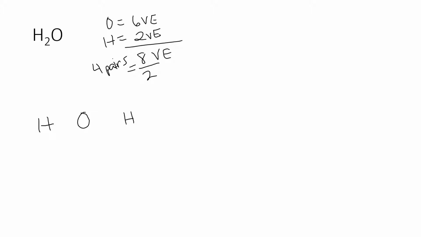So first dibs on the pairs is oxygen, 2, 4, 6, 8. Okay, those are our 4 pairs. We have here 1 pair, 2 pair, 3 pair, 4 pair.